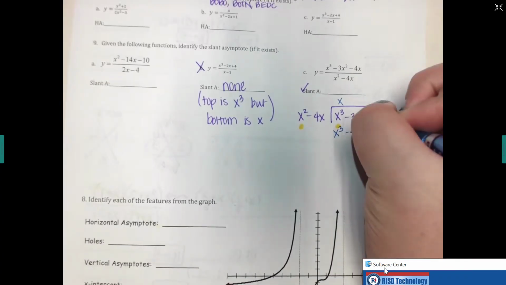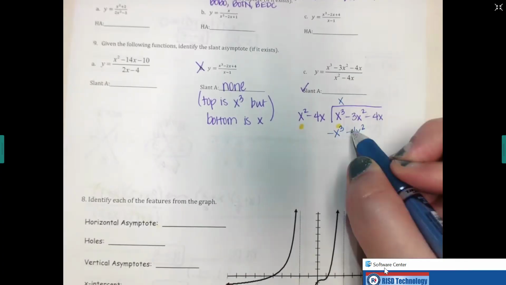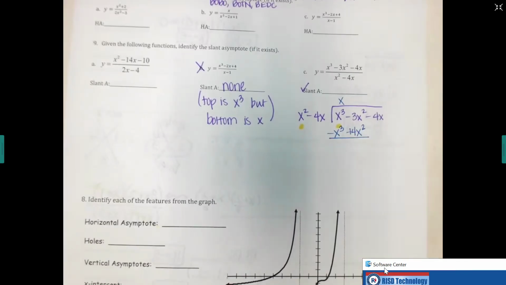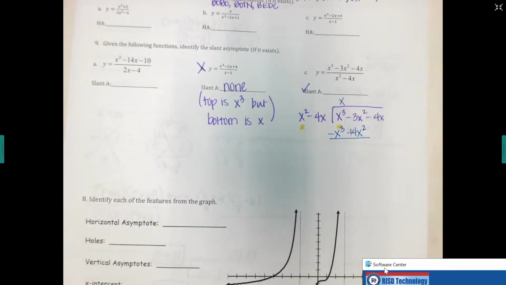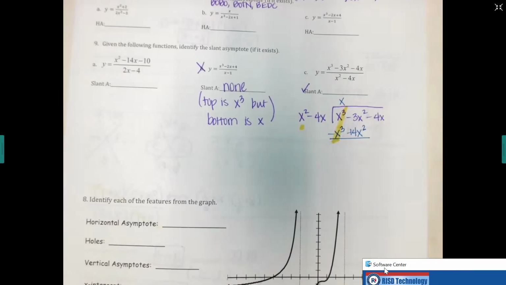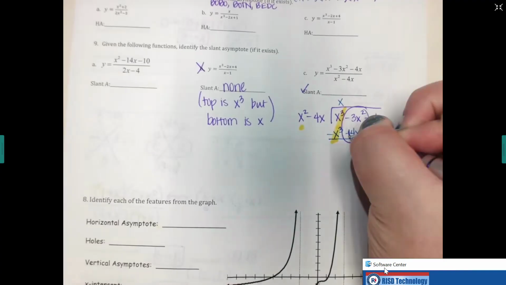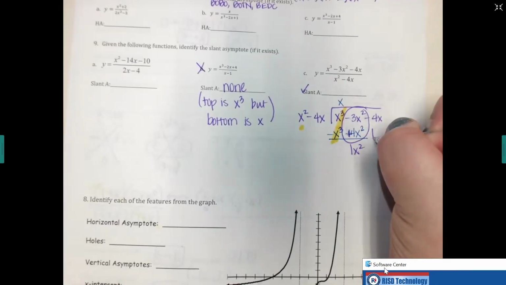What do I do with the signs on that row before I add? Flip them, so minus plus. Remember, x3 minus x3 is going to cross out. I have a negative 3x squared and a plus 4x squared. How many am I going to pull down? 1. 1x squared minus 4x.